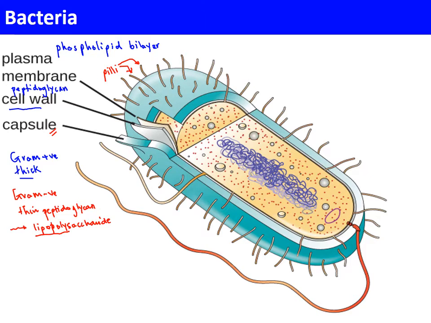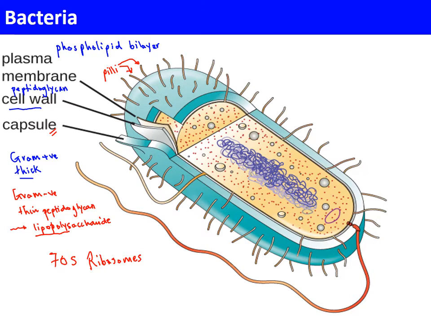We get 70S ribosomes, so we know inside a prokaryotic cell there are 70S ribosomes, and that's where translation occurs. We get a large circular DNA molecule that is free in the cytoplasm. That's called the nucleoid.